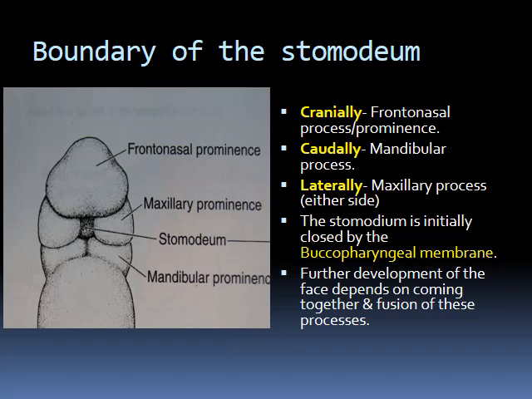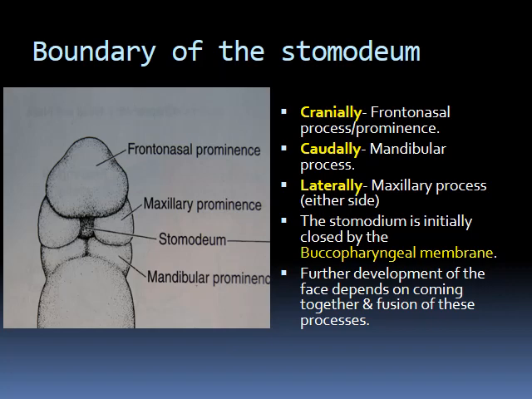So let me repeat again. The stomodium is bounded cranially by the frontonasal prominence. On either side, it is bounded by the maxillary prominence or maxillary process, and in the lower part, it is bounded by the mandibular prominence or mandibular process. And remember, these two maxillary and mandibular processes are part of the first pharyngeal arch.